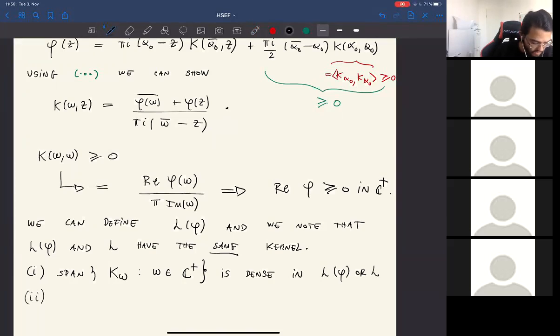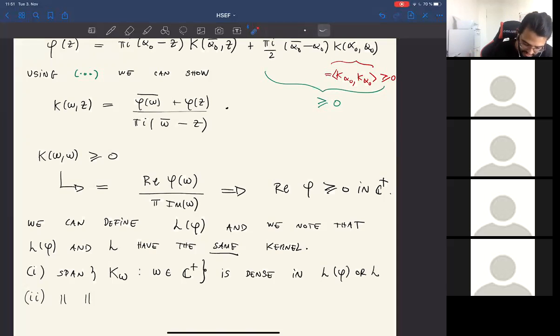And so this is easy to show as well. And the second thing is the norm. If you want to evaluate norms of linear combinations of these things or inner products, in the end it's just inner products of kernels or norms of kernels, but the kernels are the same. So you're going to get the same answers.